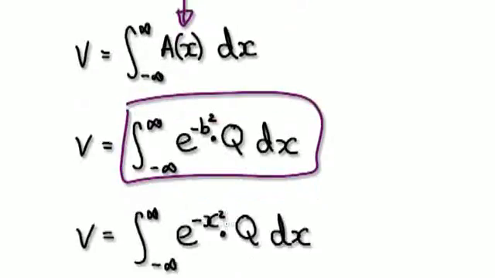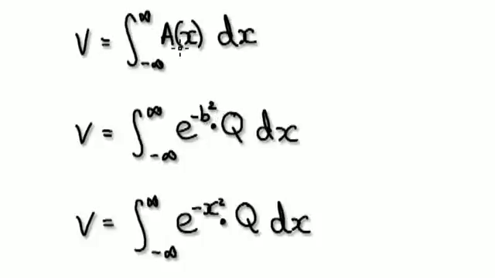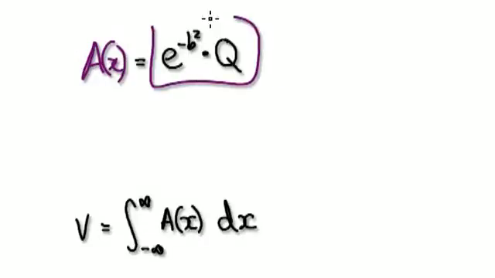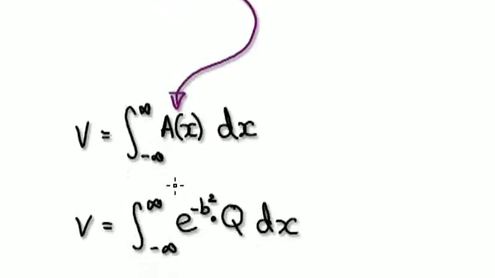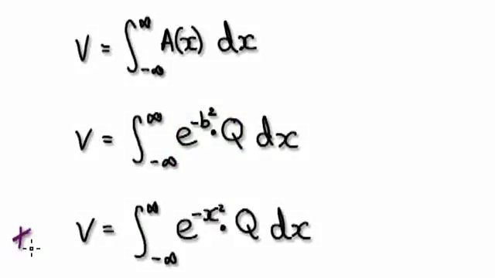But then the b here gets changed to x. So we got to the area here. The area for any given value of b is given by this. So we can then put this to here. That will then take us to here. But then the next step, the b changed to x.